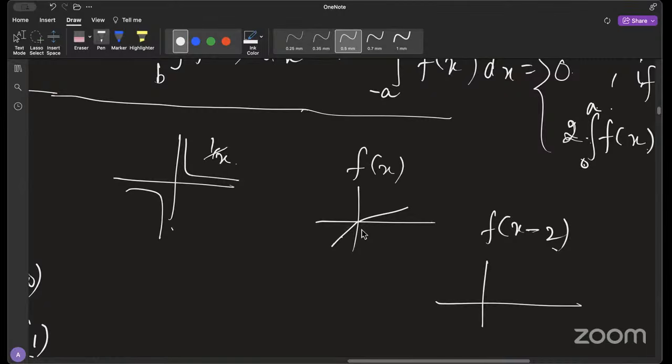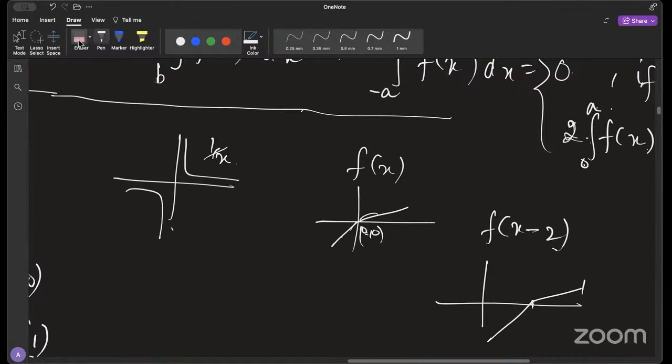Originally this was at 0, 0. Now you have the same thing at x equals 2, y equals 0. That means this entire graph gets shifted to this point here, like this.